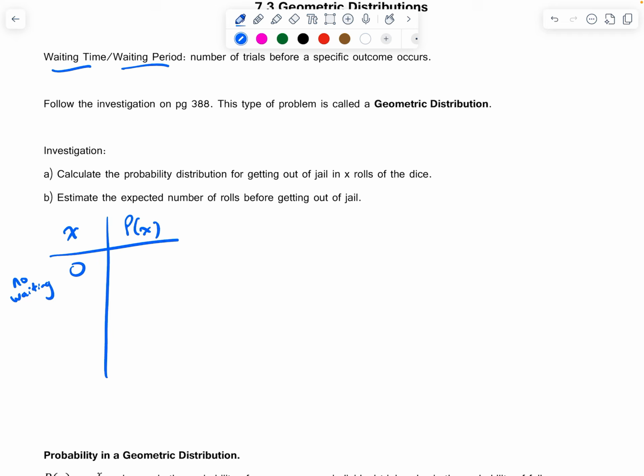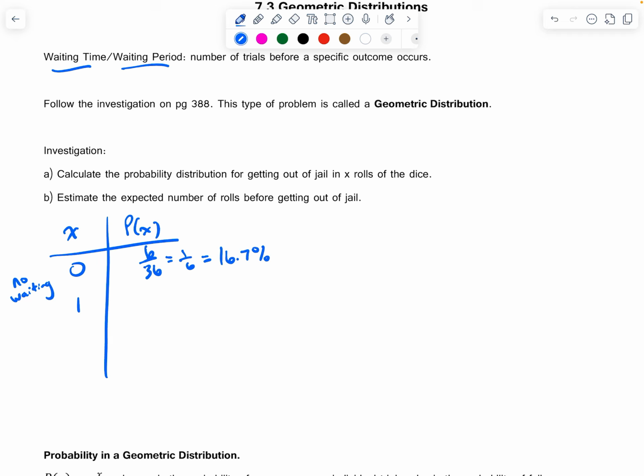So there are 6 ways to get a double. That's 1 and 1, 2 and 2, 3 and 3, 4 and 4, 5 and 5, and 6 and 6. Out of, with 2 dice, you have 36 options. So there's a 6 in 36 chance, or 1 in 6 chance you get it in the first roll, so there's absolutely no waiting. And 1 in 6, by the way, would be approximately 16.7%.